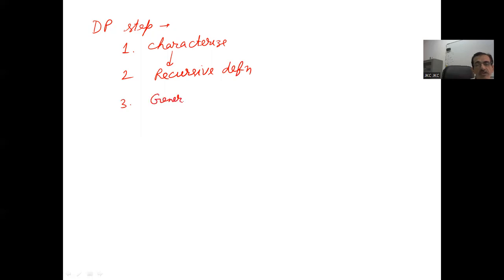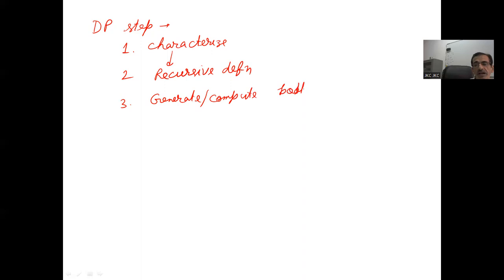So quickly summarizing the DP steps: first of all, we characterized the problem and characterized the corresponding solution. Then from here, I recursively defined the solution, found the recursive definition, and then computed the corresponding bottom-up steps for individual values.